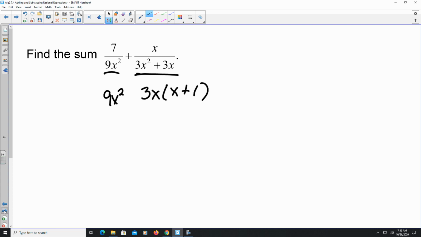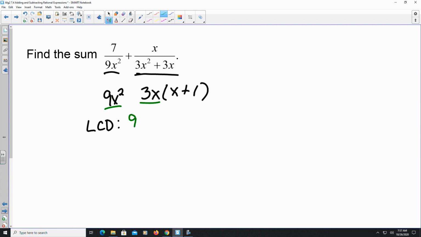Okay, so now to help me find my LCD, I'm going to take a look at these two terms right here. I have 9x squared and I have 3x. All right, 3 goes into 9 3 times. So I'm going to write in 9.